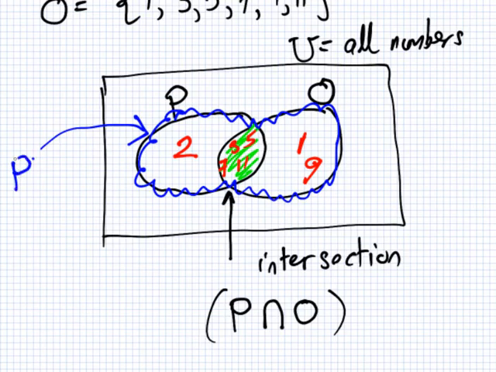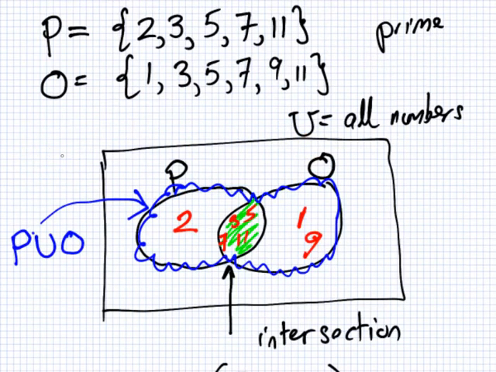P union O. So this is called intersection and union. Continue? Okay, let's go down a bit.